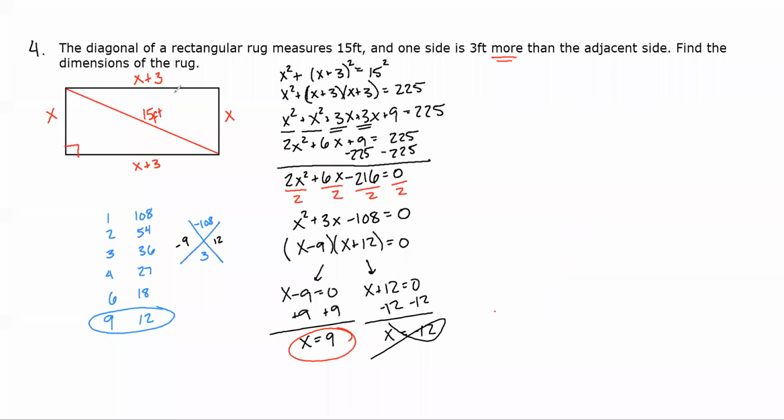Since it's asking for the dimensions, we have x and x plus 3 as our two lengths here, the length and the width. x is 9, and then x plus 3 is going to be 9 plus 3. So our dimensions are going to be 9 feet by 12 feet.